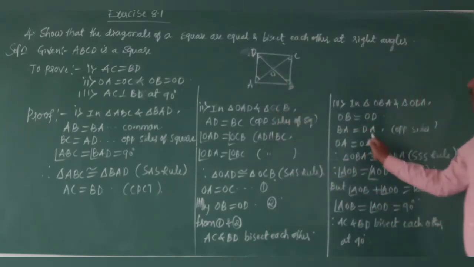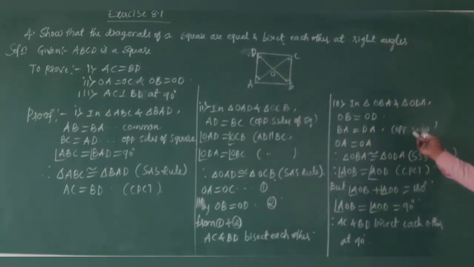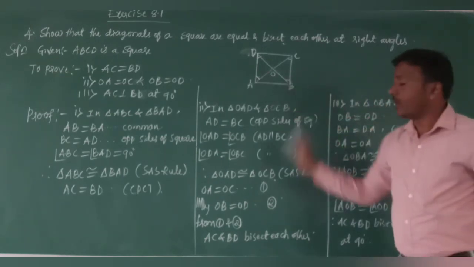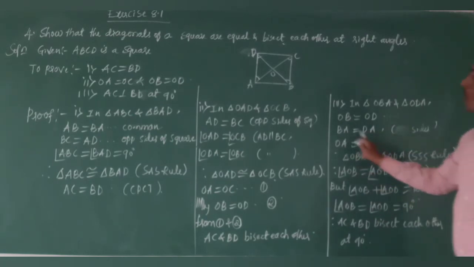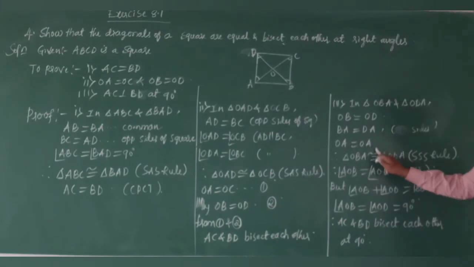BA is equal to DA. See, BA is equal to DA, not opposite sides, just sides of a square, which will be equal. Next, OA is equal to OA. OA is common for these two triangles. Therefore, triangle OBA is congruent to triangle ODA by SSS congruence.